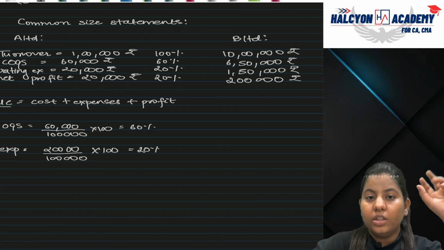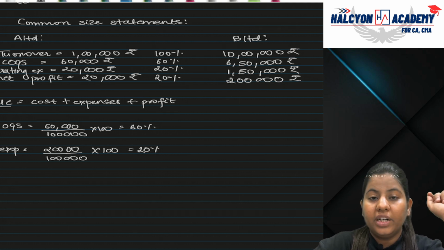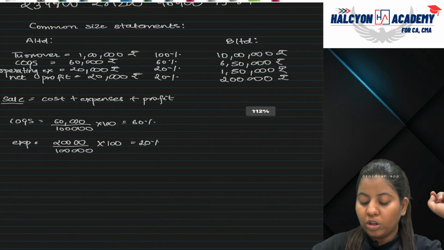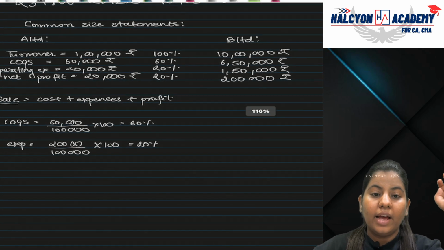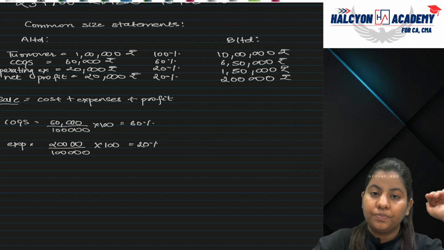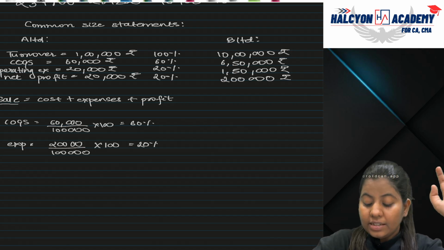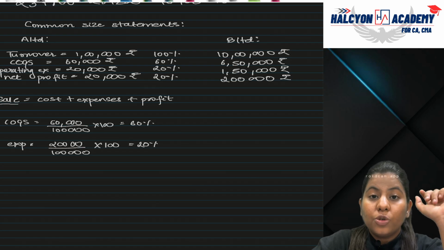If you agree that B Limited is much better than A Limited, then you are wrong. Just by watching the figures, we cannot say which company is better, because the turnover is also different.